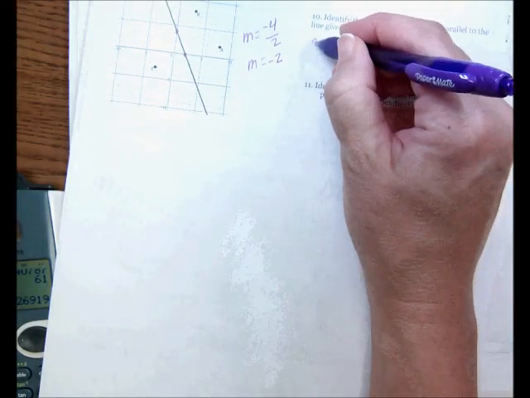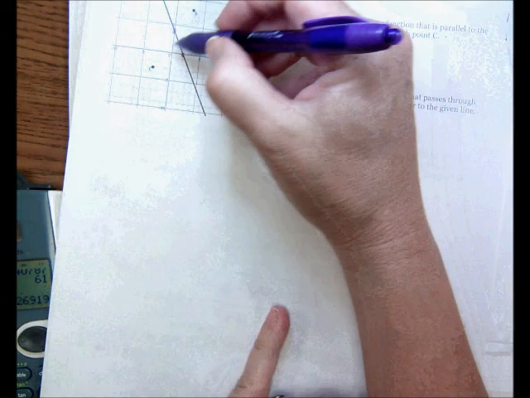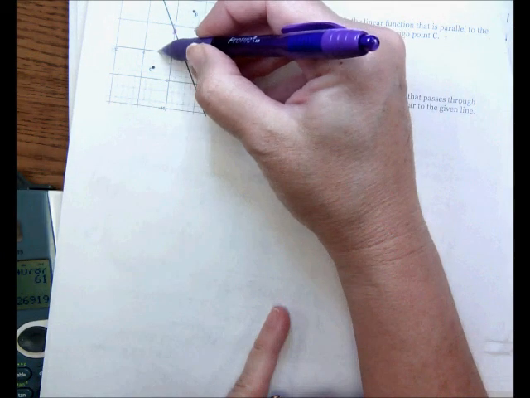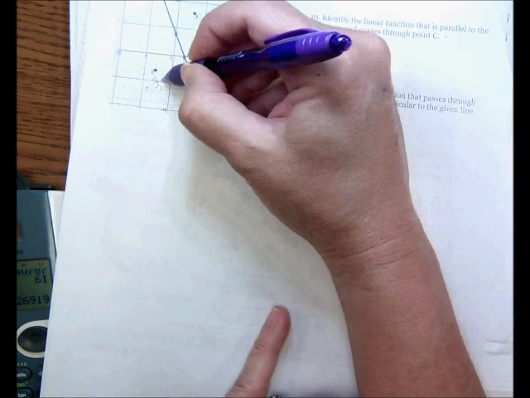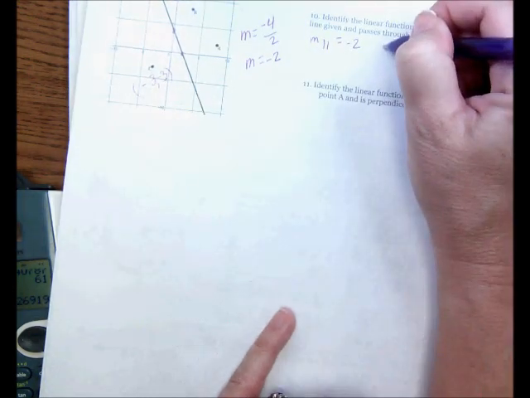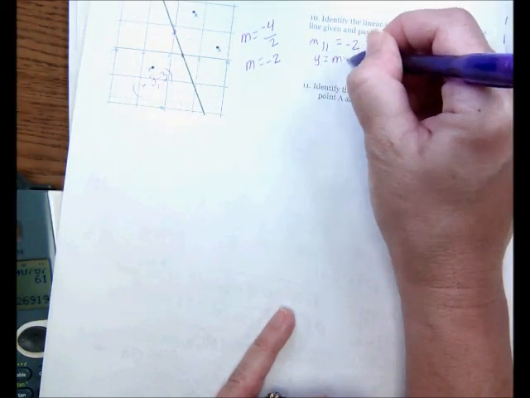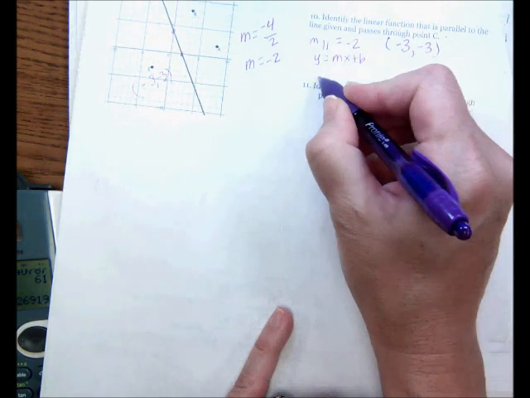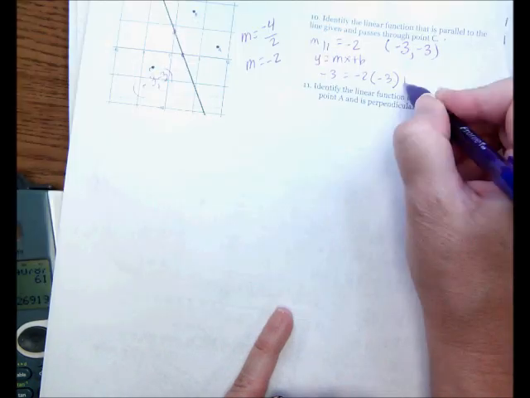So if the line is parallel, the slope is -2, and then it's going through the point C, and point C is actually (3, -3). So this is going to be my x and my y. And so plugging it into the formula to solve for b, I have -3 is equal to -2 times 3 plus b.